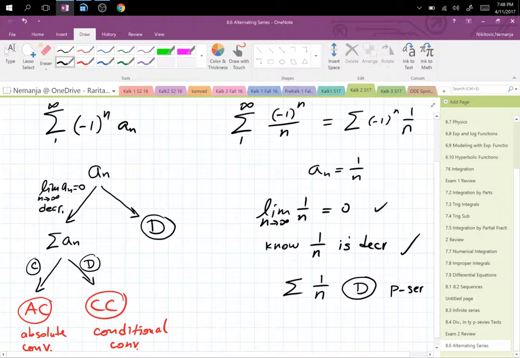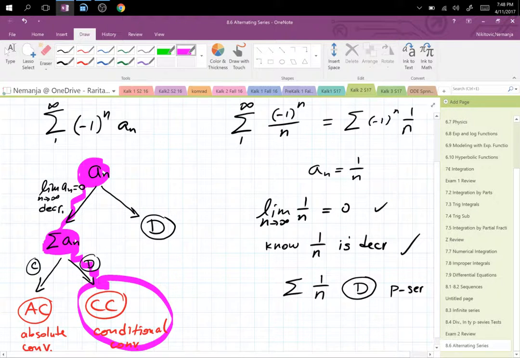So the path that I took to solve this problem is I started with a_n, traveled down the convergence branch because both conditions were good, and then the summation of a_n diverged to give me the conditional convergence solution for the problem. So I hope you can follow the tree that way.